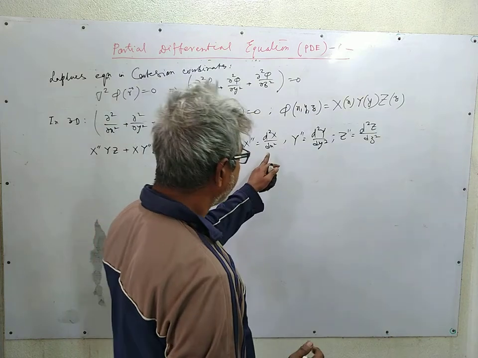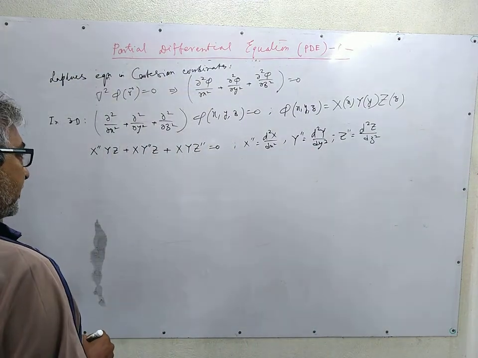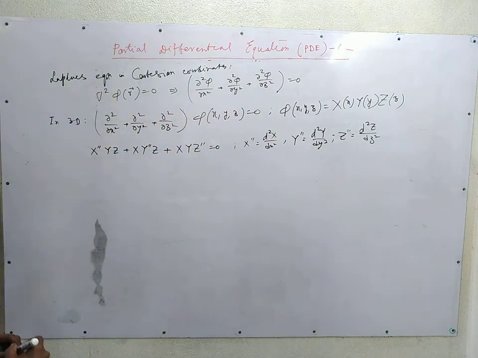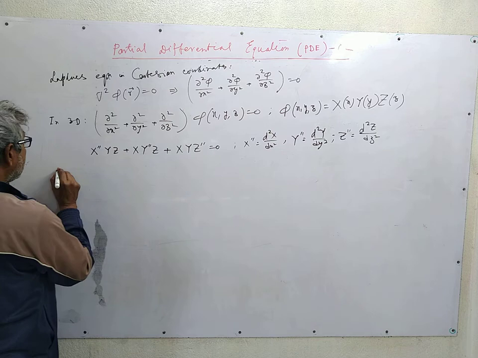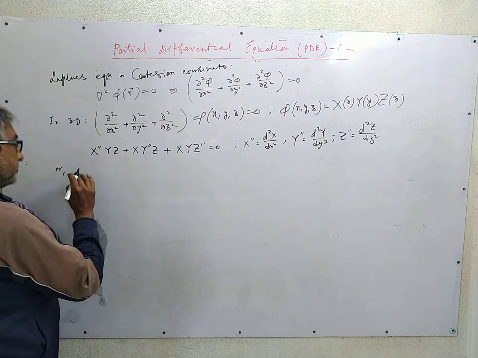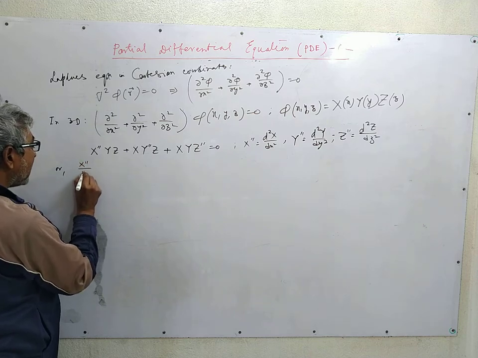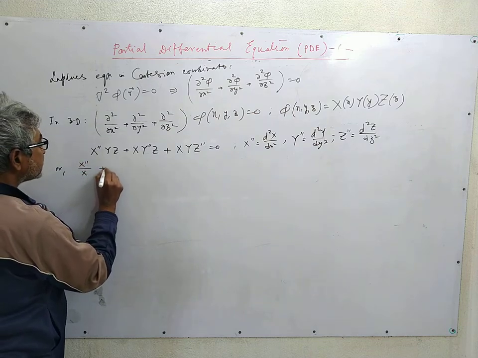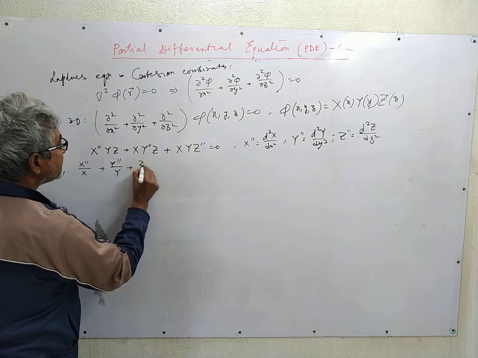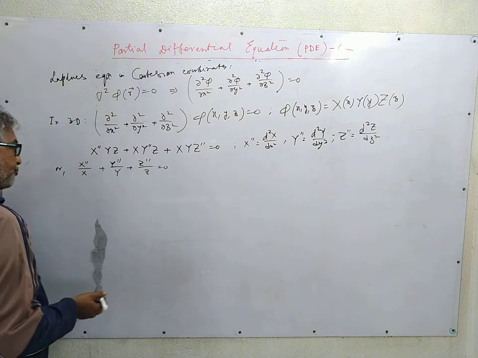Note that here we haven't used any partial notation for differentiation because capital X has only small x dependence. For non-trivial solution, we divide all through by X Y Z, and we have X double prime by X plus Y double prime by Y plus Z double prime by Z is equal to 0.